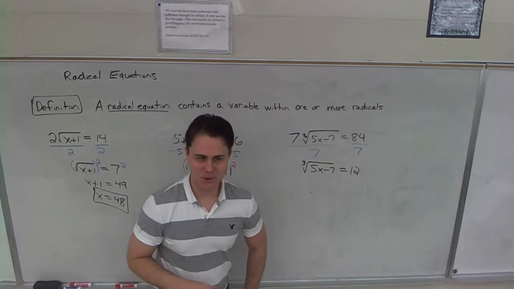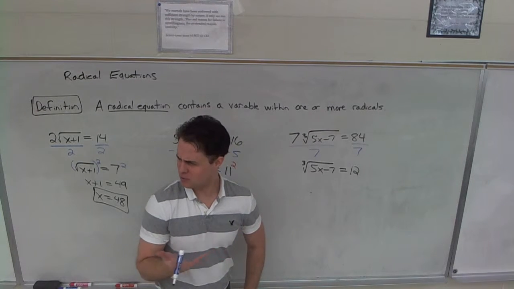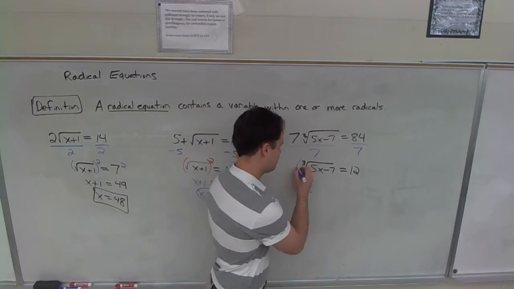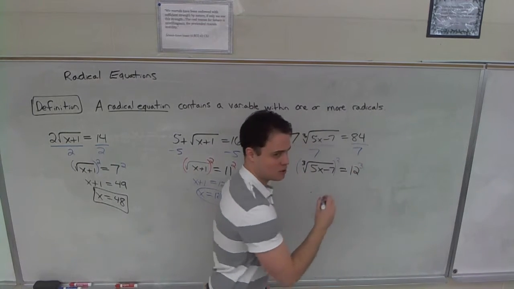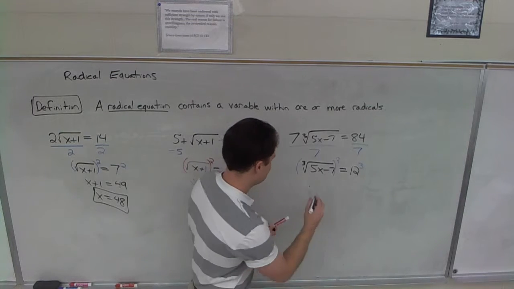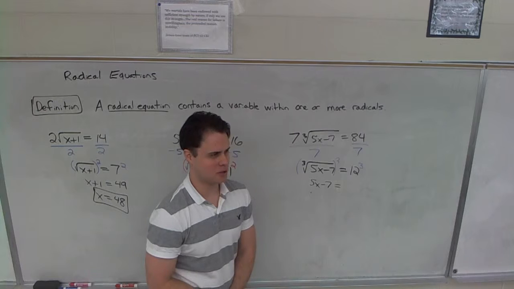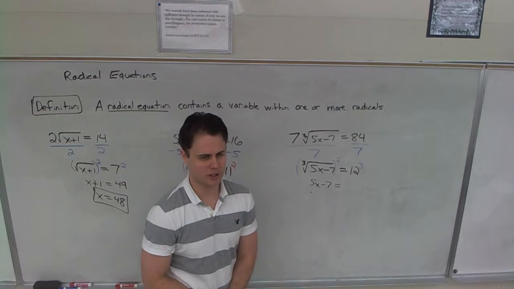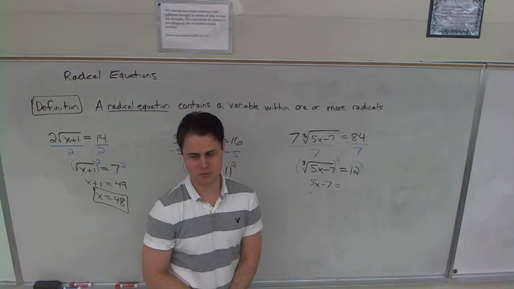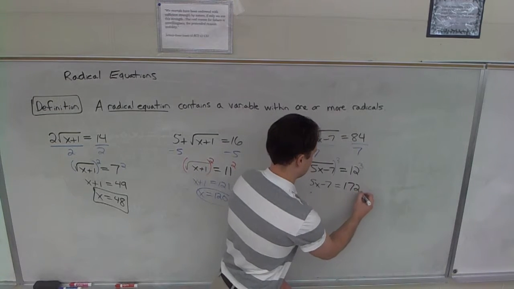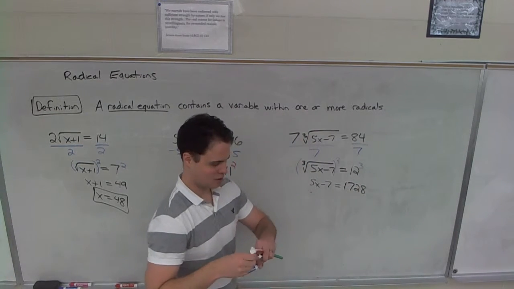Okay, so then, how do I get rid of the cube root? Cube it? Yeah. Wow. This is rocket science, right? 12 cubed you might need a calculator for. It's 144 times 12. I don't feel like doing that right now, so you guys help me out. Thank you, Noah.